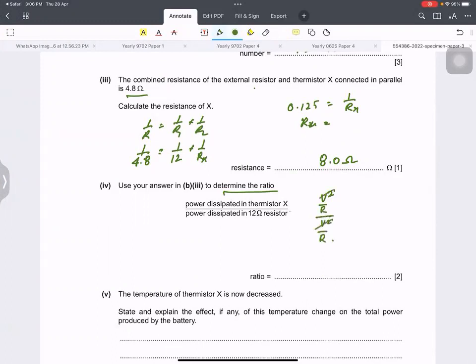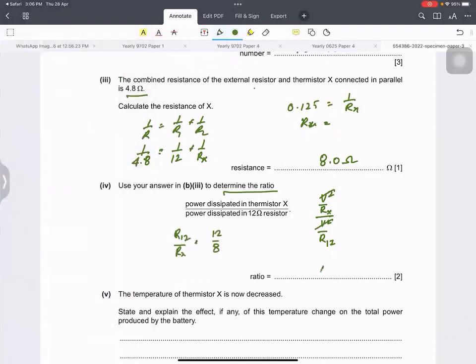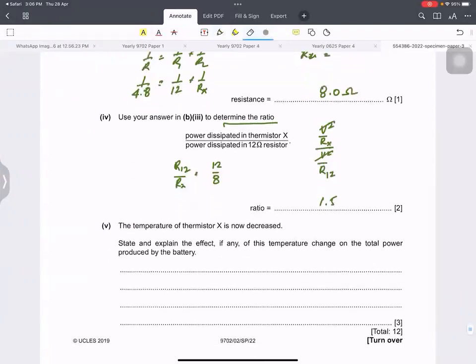So voltage is just going to cancel out. This is Rx and this is 12. So it will go up, that will come down. So 12 over 8 is, I don't know, 1.5. Oh, 1.5, no ohms.